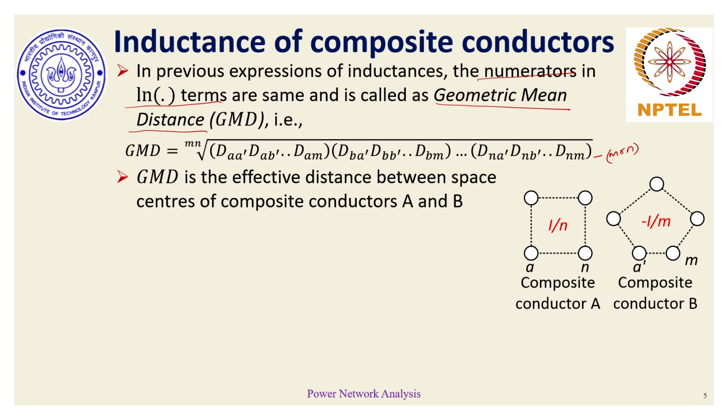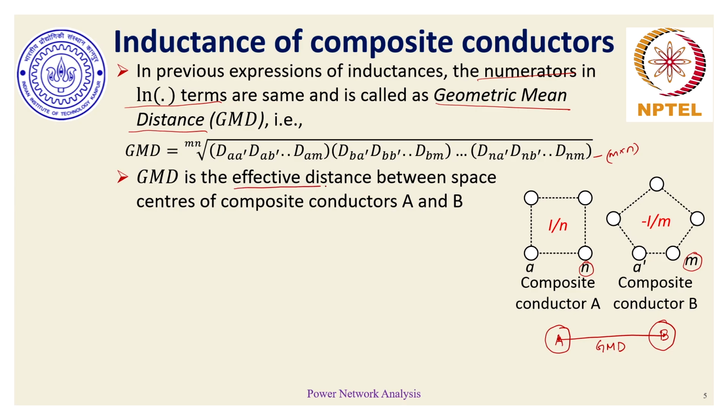Effectively, this GMD indicates that if I were to represent composite conductor A consisting of n strands and composite conductor B consisting of m strands as two effective single conductors, so instead of having n strands in conductor A there is only one conductor in A, and similarly only one conductor in B, then the center to center distance between these two analogous conductors is nothing but the GMD itself.